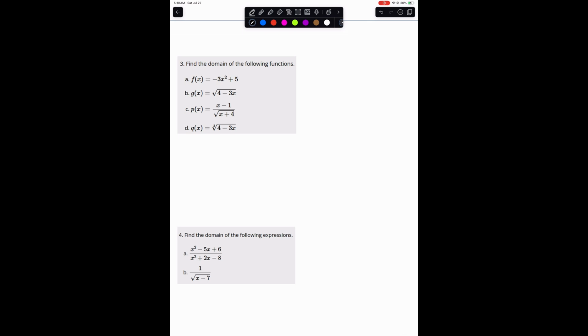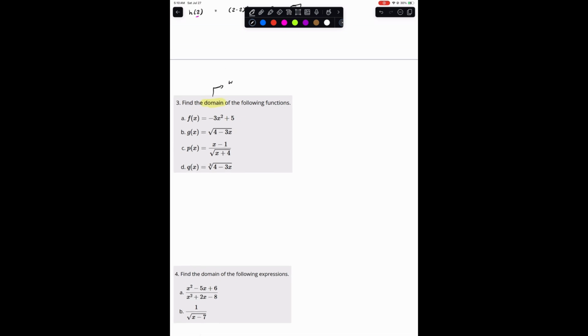So question 3 is to find the domain. By default, with no restriction, your domain is unlimited. It goes from negative infinity to infinity.